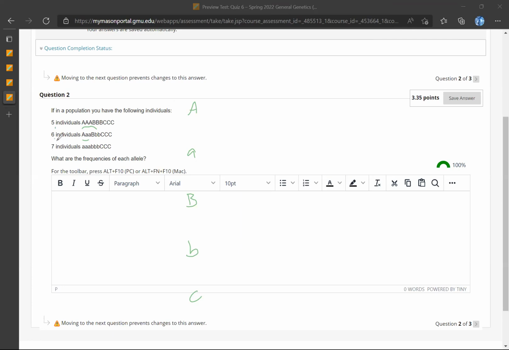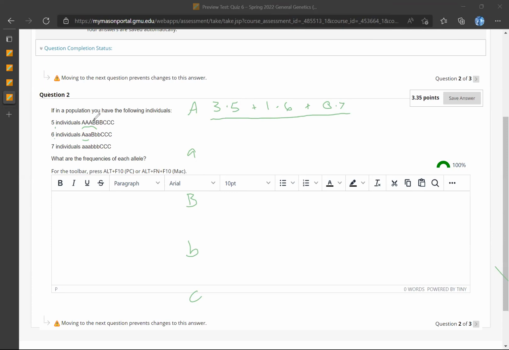So we see it 3 times in 5 individuals, plus 1 time in 6 individuals, plus 0 times in 7 individuals. And then we divide that by the total number of alleles that exist in this population. And so let's do that really quickly.